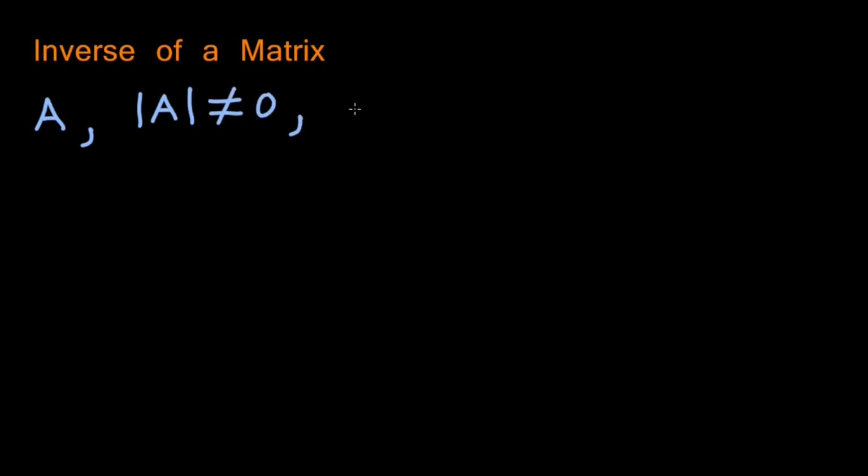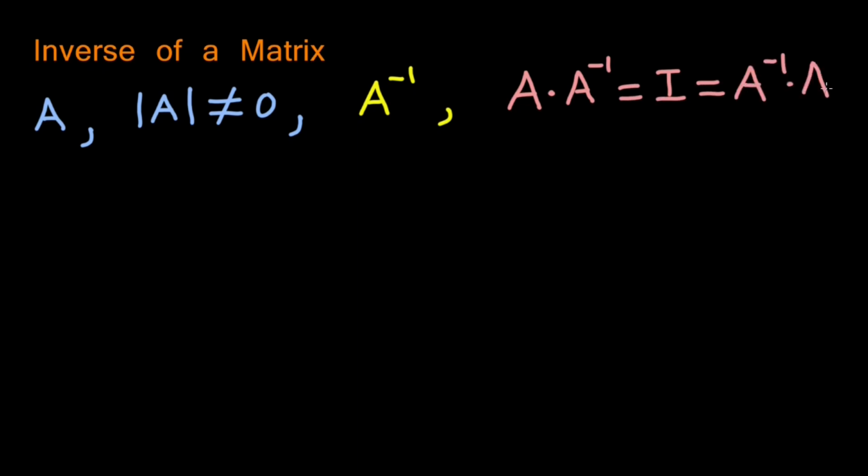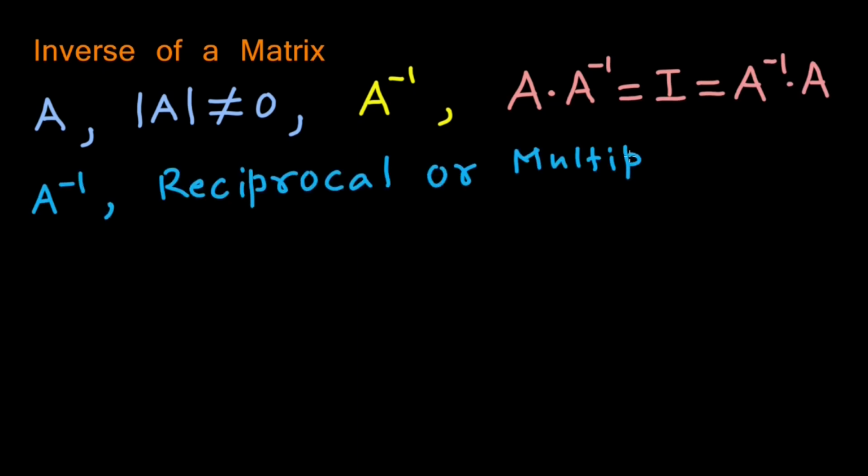Then there exists another matrix of the same order known as inverse of a matrix and written as A to the power minus 1, such that A multiplied by A inverse equals an identity matrix equals A inverse multiplied by A. The matrix A inverse behaves like reciprocal or multiplicative inverse in a number system.